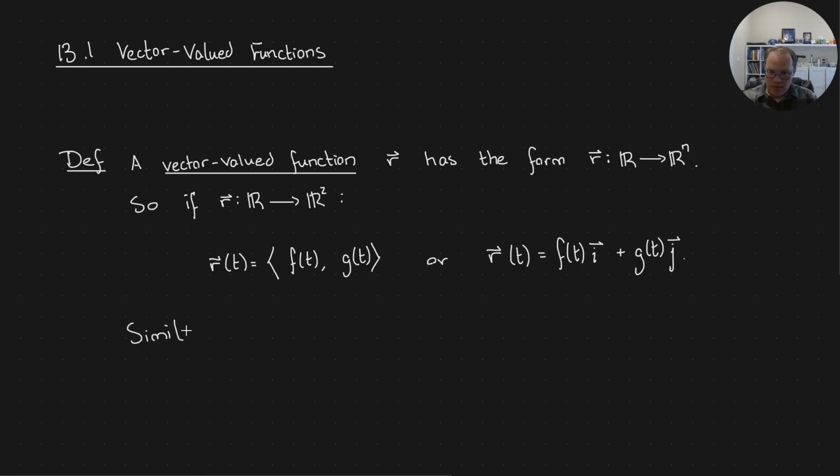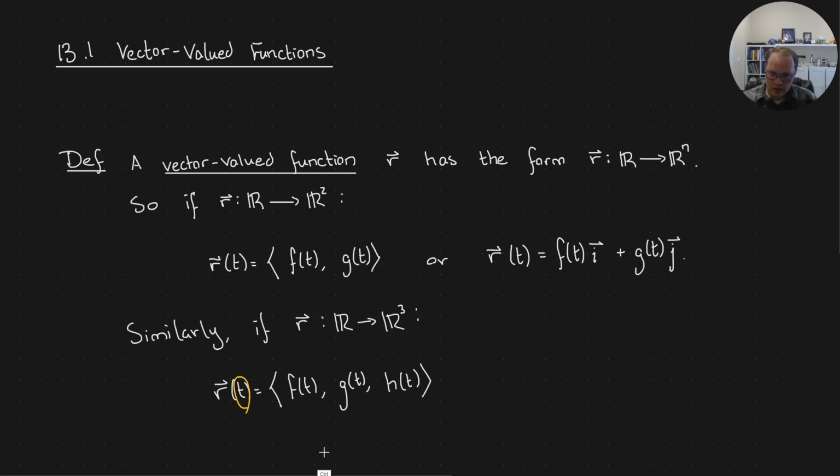And similarly in 3 dimensions. If that n is equal to 3, then it's the same thing. We just have 3 components. Input is a single value.